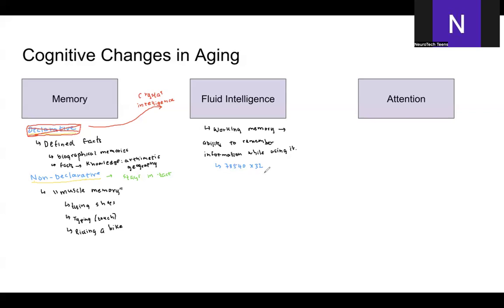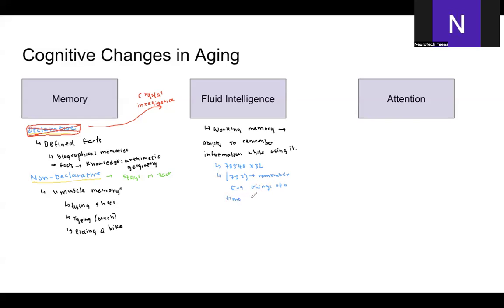So, you remember large quantities of numbers while you're using it, and usually working memory will follow the 7 plus or minus 2 rule, where basically you can remember 5 to 9 things at a time.